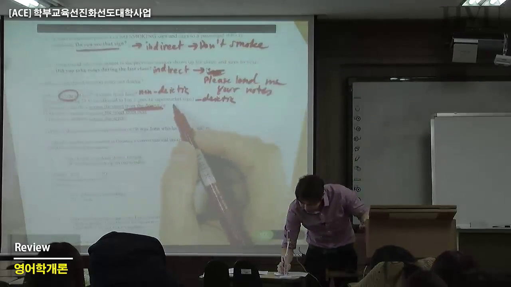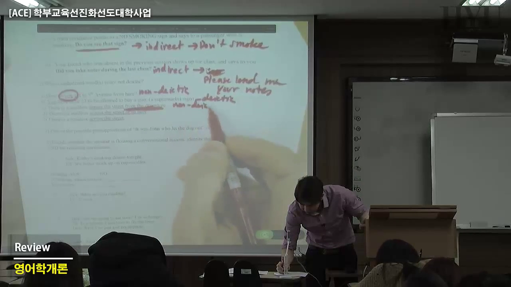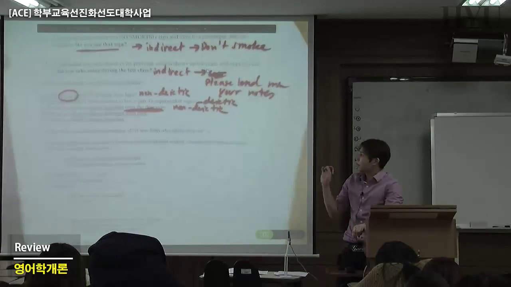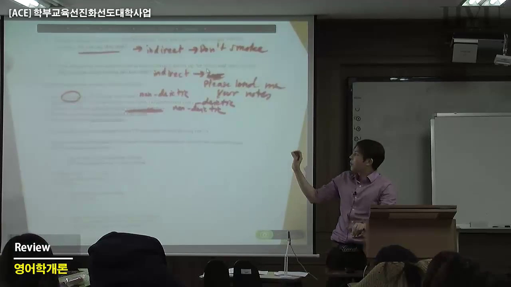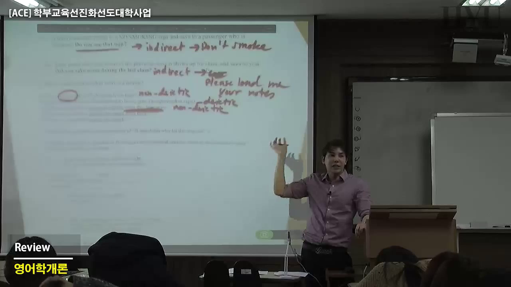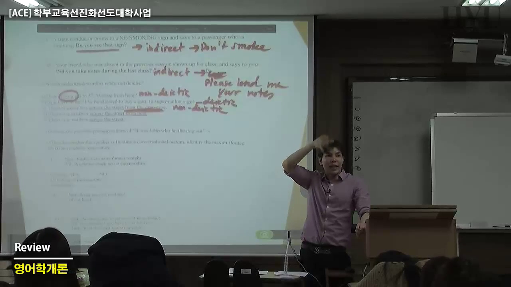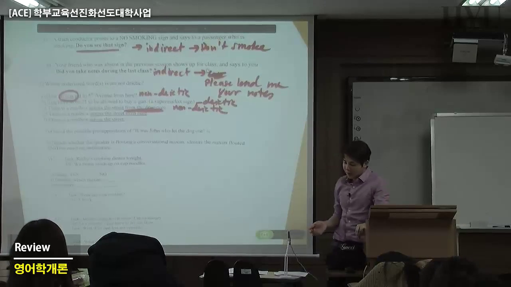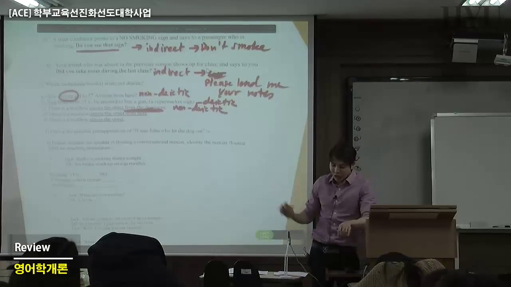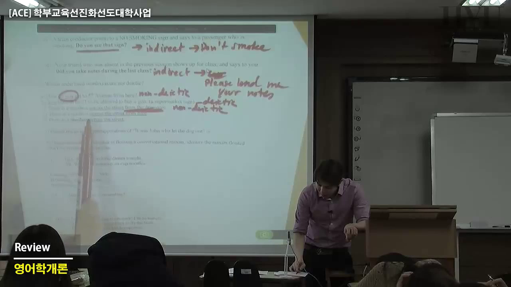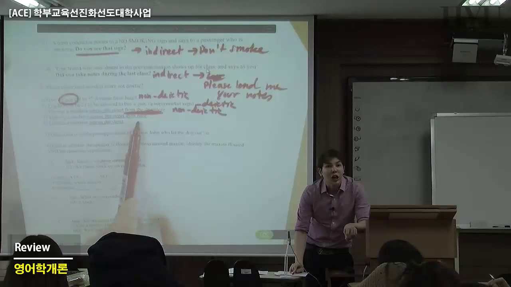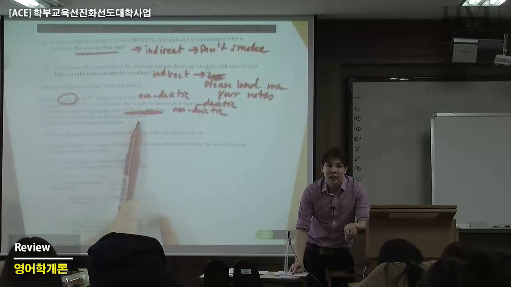So in this case, it's non-deictic because the place of the mailbox will not change now that we have the drugstore as the reference point, as the landmark, okay? It's always there. But if you say there's a mailbox across the street from here, the reference always changes, right?